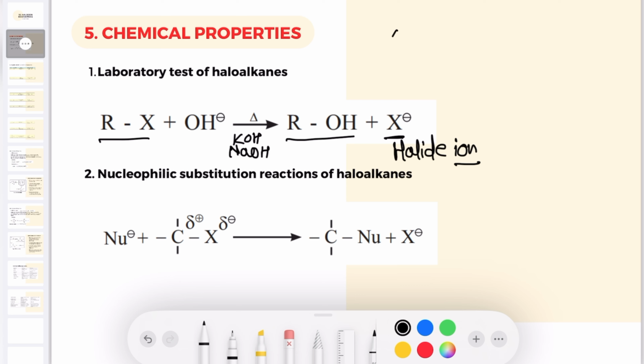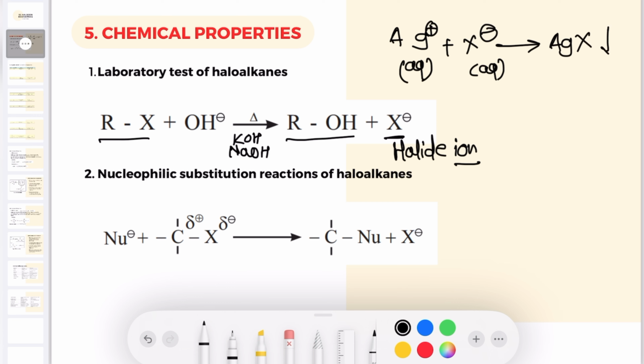That means the Ag plus aqueous solution acts upon this halide, which is also present in aqueous medium, and the precipitate forms. The downward arrow shows that solid silver halide is formed. This is the indication reaction that confirms the presence of a halogen atom in the original compound.